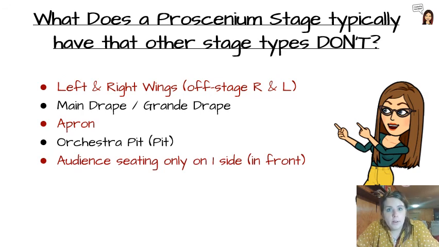It has an apron, that little bit of stage between the grand drape and the lip of the stage. It has an orchestra pit, and the audience is seated only on one side. They're sitting in the house, and that's their only viewpoint, the only place for them to look. Those are really the main differences between a proscenium and the other stages we'll be covering today.